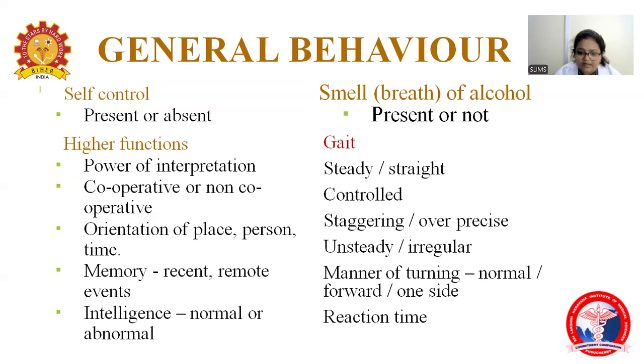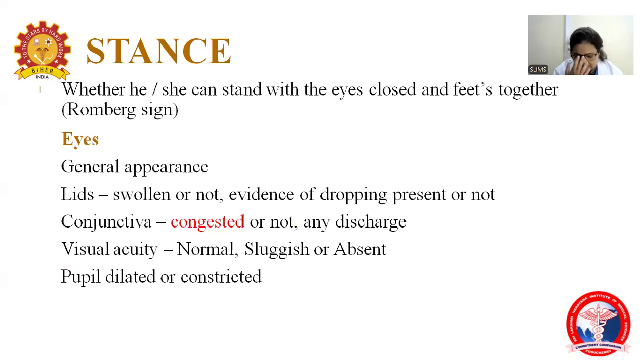And the manner of turning is based on testing the reaction time. You stand behind a person and call him by his name, and the time he takes to turn around and respond to our calling is delayed in the case of consumption of alcohol. And then stance.